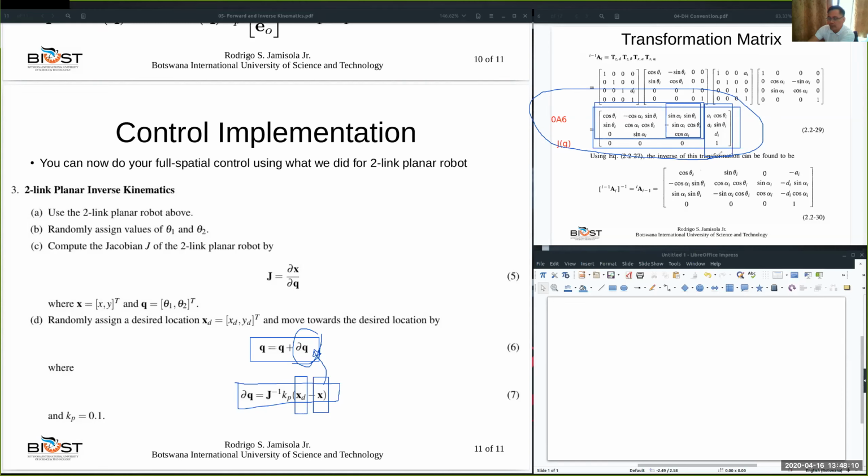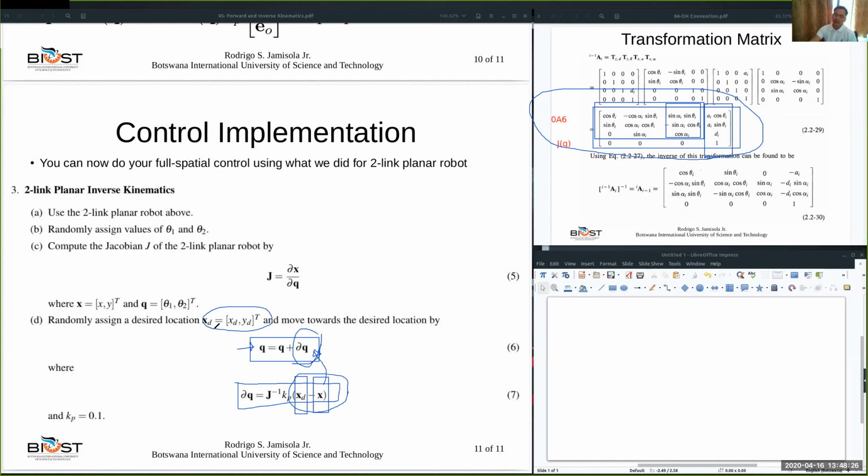Then you will be able to update your Q until you reach your final destination, where the error becomes minimal, and you reach the desired X that you specify.